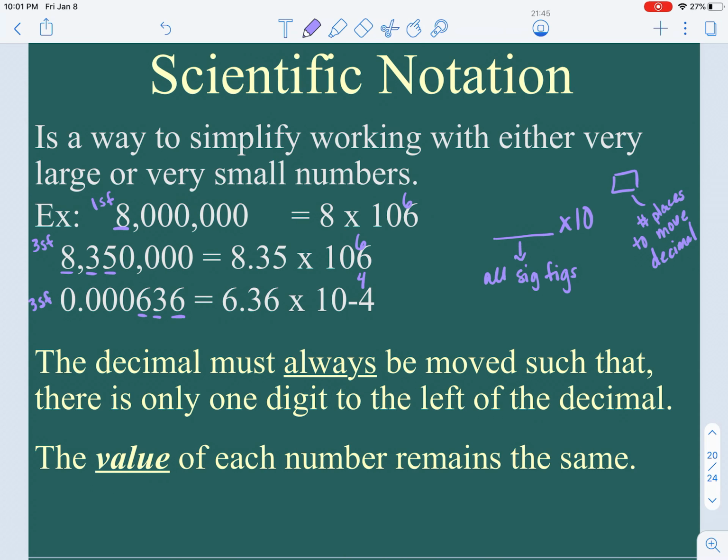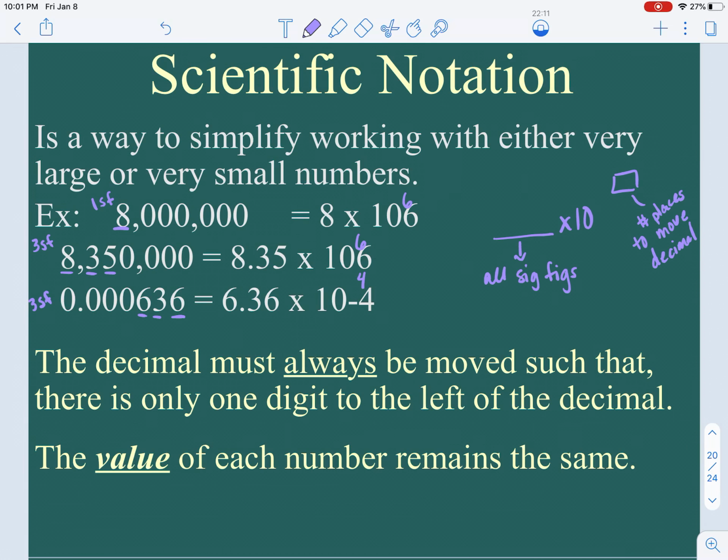Now you may have also noticed that there is a decimal point in the bottom two examples. And this is going to be the proper way to write something in scientific notation. So if you are being asked to produce an answer in my class and you are expressing that answer in scientific notation, the proper format will be like this.